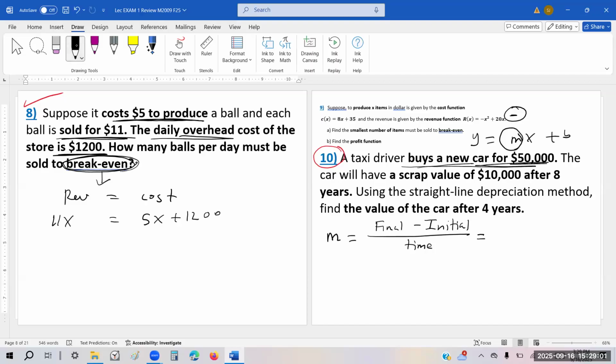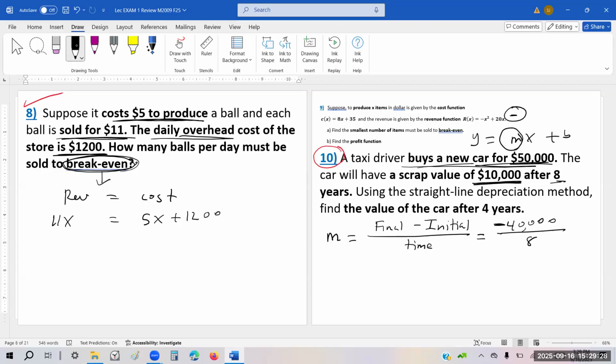So we have a taxi driver. He bought a $50,000 car, but after 8 years, the value went down to $10,000. Oh man, he lost $40,000 in 8 years. And since he lost, it's minus.